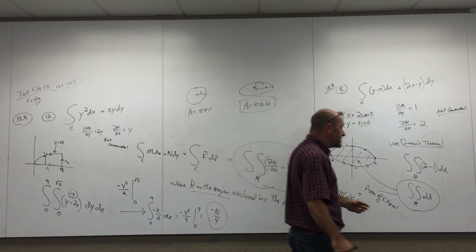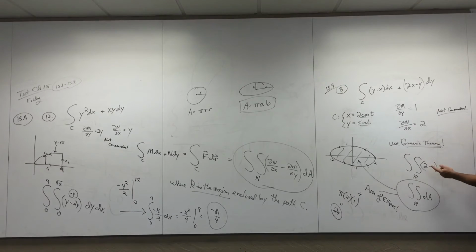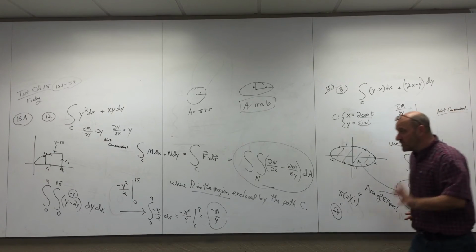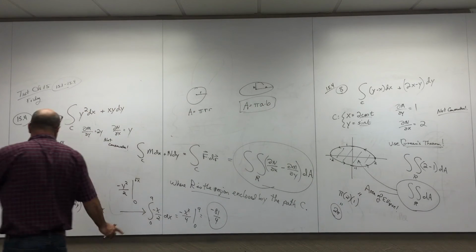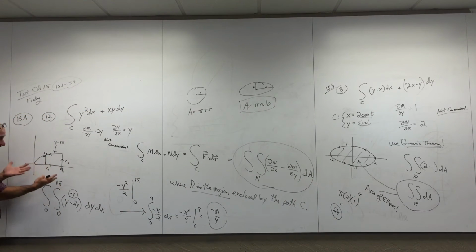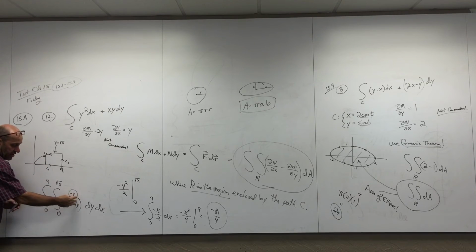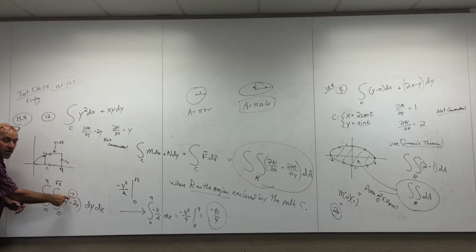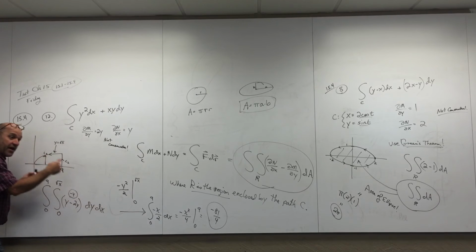What made it easy was this came out to be a number, and not just a number, but the number 1. So it really was area. A few minutes ago, back here, the answer to this was not this area, because there was a function here. The function was a negative y. We were integrating some function over the area of this region.